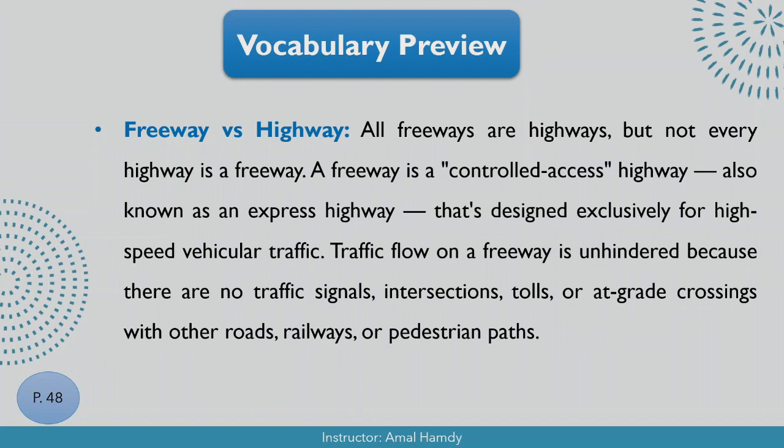So what does this mean? As you can see, all freeways are highways, but not every highway is a freeway. Both of these mean the fast road. Take something like the Ring Road we have here, is that a freeway or a highway? So what is the difference? As we have said, a freeway is designed for high speed traffic. It's not designed to be hindered by traffic flow.